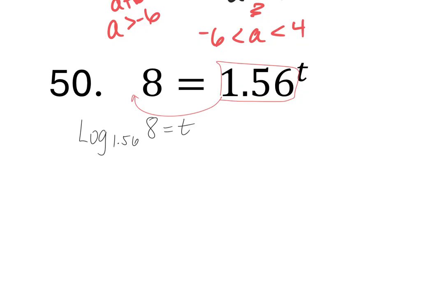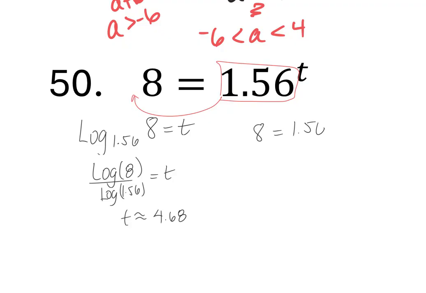This can be my exact answer, but change of base allows me to put it in the calculator. Log of 8 divided by the log of the base, 1.56, equals your t. And in the calculator, log of 8, close those parentheses, divided by log of 1.56. T is approximately 4.68.